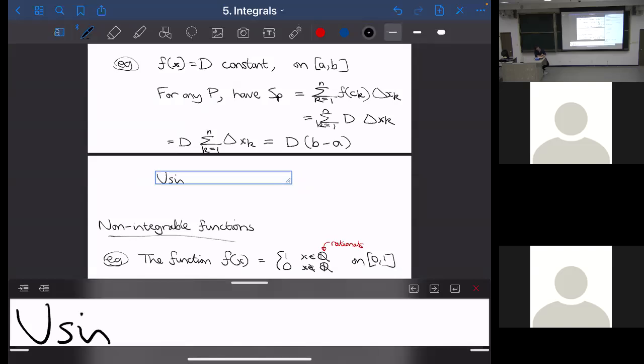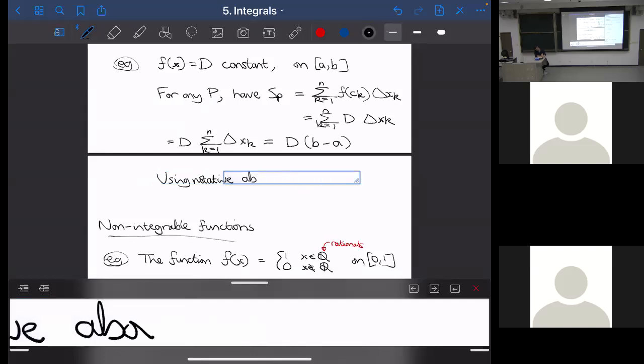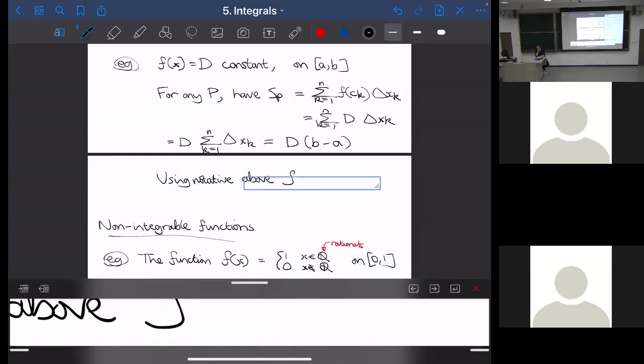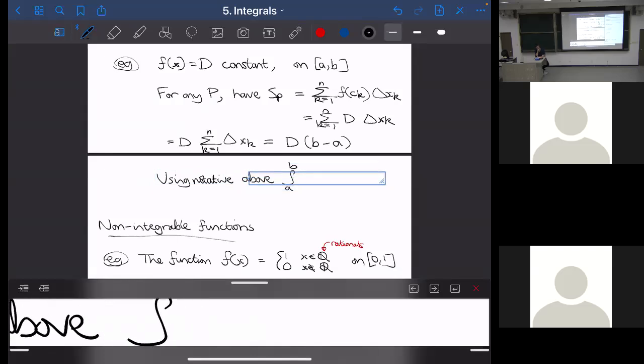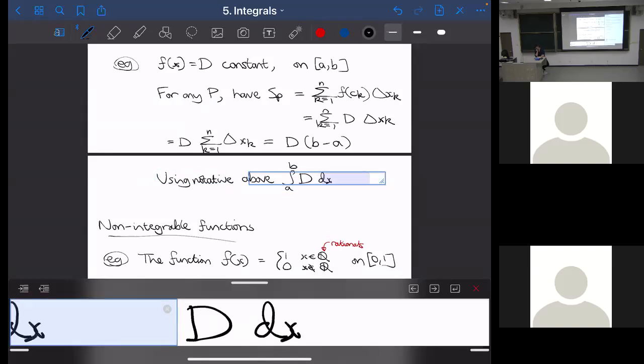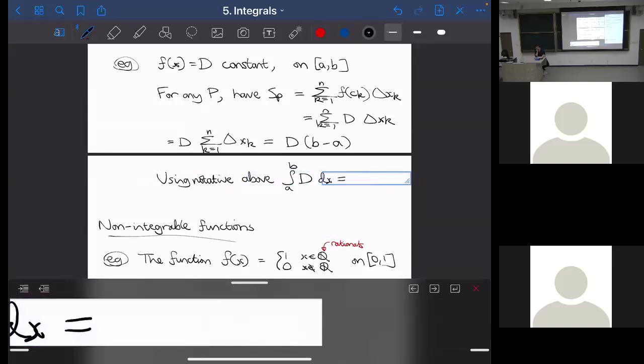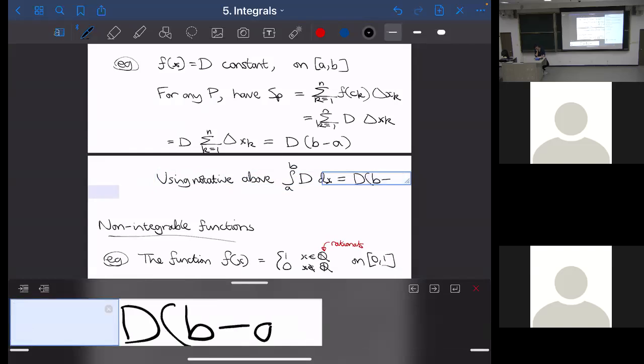So using notation above, we have that the integral from a to b of this constant function d is d(b minus a).